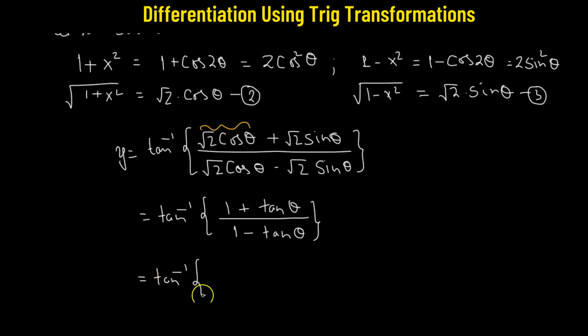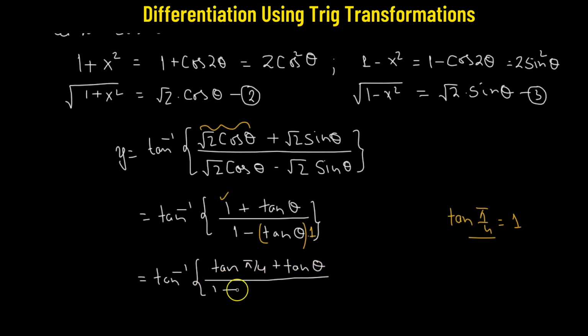Now we will make a manipulation here. We know the tangent of pi over 4 has a value of 1. So in place of this 1, we will replace it with tangent of pi over 4. And in the denominator, we have tangent of theta times 1, and we can replace that 1 with tangent of pi over 4, such that we now have tangent of pi over 4 plus tangent of theta divided by 1 minus tangent of theta multiplied by tangent of pi over 4.